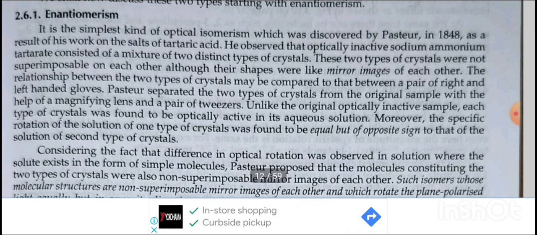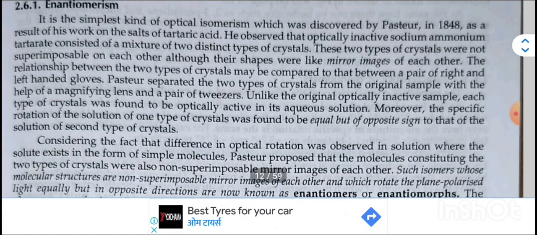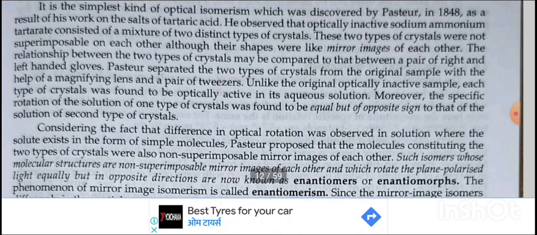These two types of crystals were not superimposable on each other, although their shapes were mirror images of each other. The relationship between the two types of crystals may be compared to that between a pair of right and left-handed gloves.